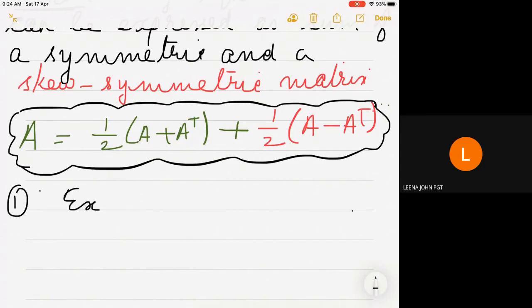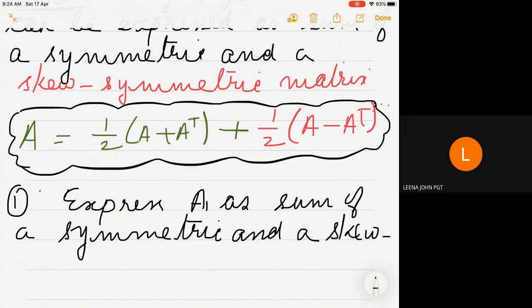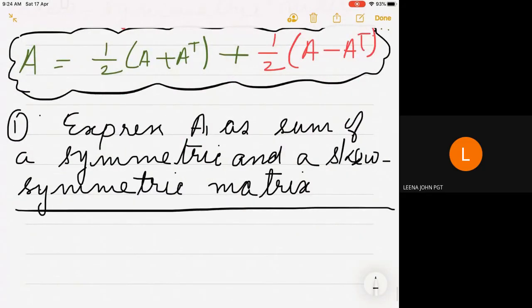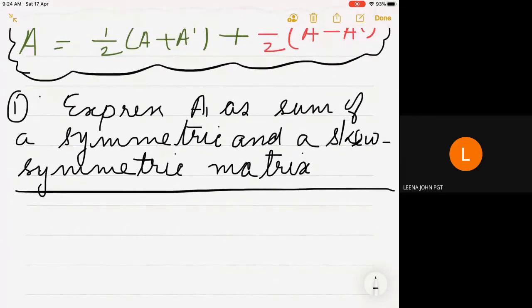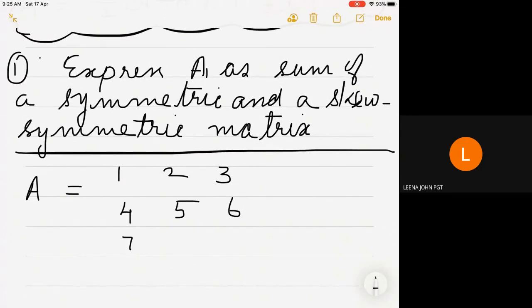Express A as the sum of a symmetric and a skew symmetric matrix, where A is given as 1, 2, 3, 4, 5, 6, 7, 8, 9.